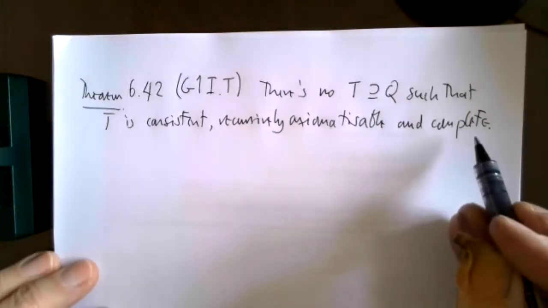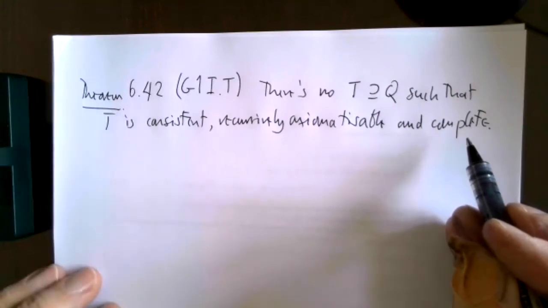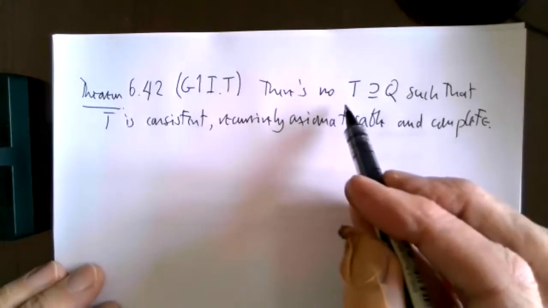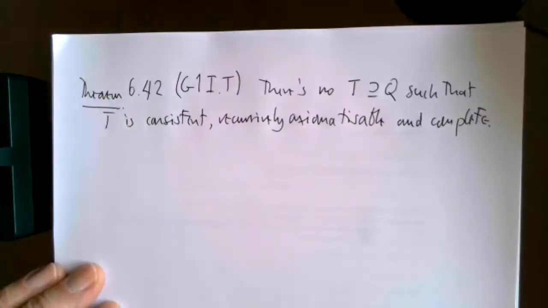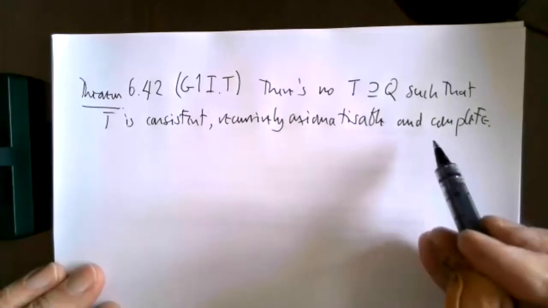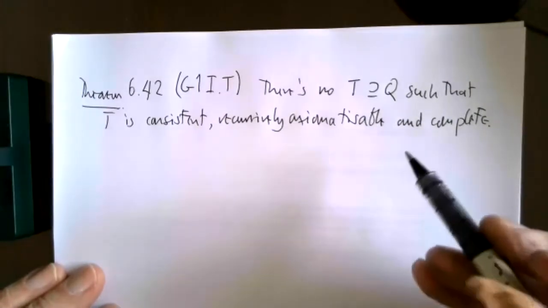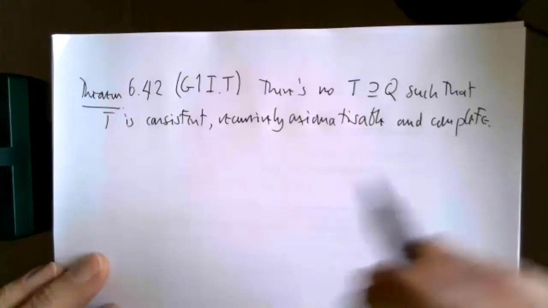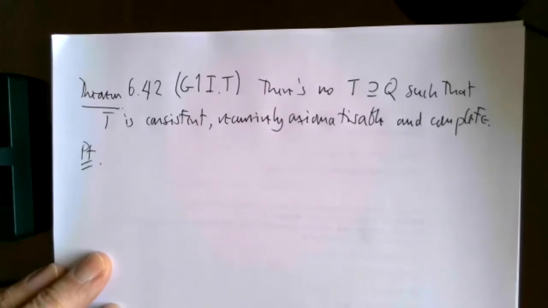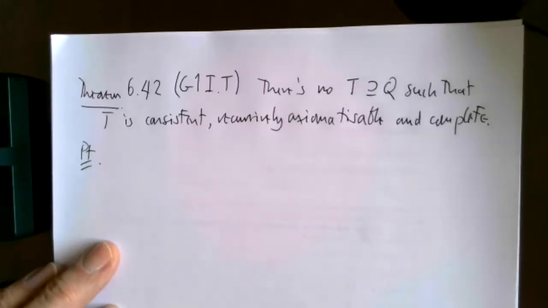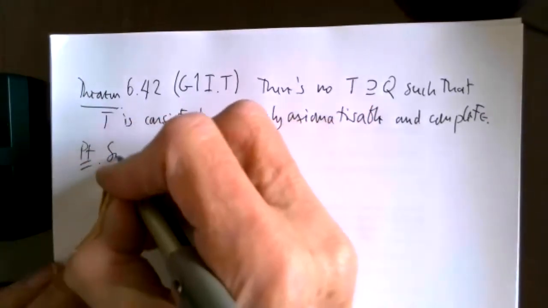And complete would be useful because then we would know that anything is either provable or disprovable from T. And this was part of David Hilbert's aim, to find some kind of complete axiomatization for mathematics, or in particular for arithmetic. Okay, so let's suppose for a contradiction there is such a T.